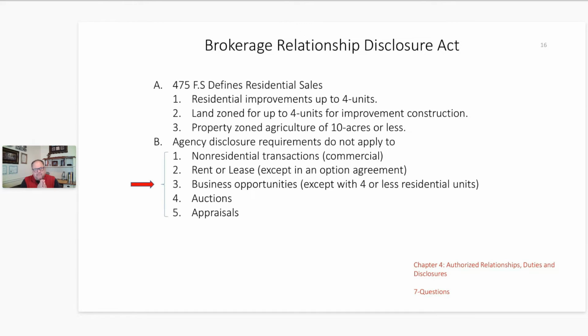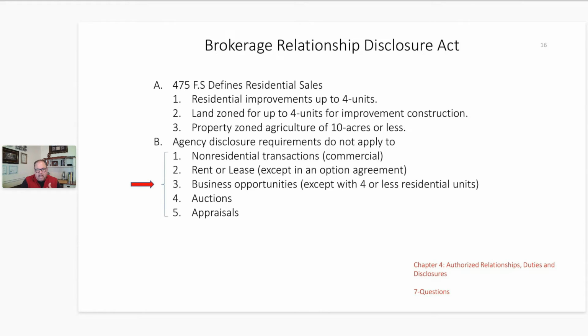That comes under the definition of residential sales. And that's going to apply with you and whoever you're dealing with as a transaction broker, a single agent broker, or a no brokerage. Those 3 entities apply to residential sales along with no dual agency in any of these properties that are defined by Florida Statute 475 as residential sales.